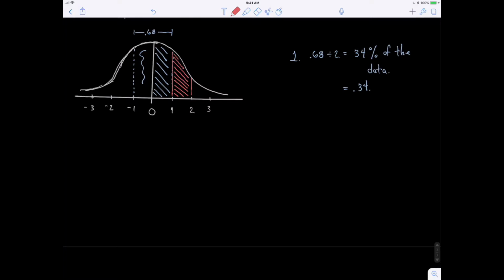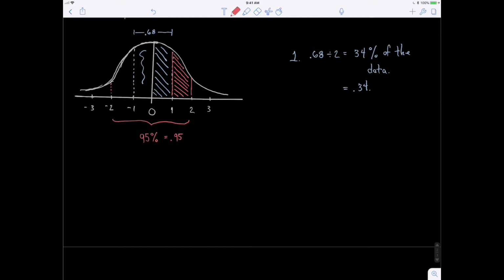If I then cut the picture in half and unshade one half, I now have shaded half of the picture. So let's use that idea of halves. If I shaded from -2 to 2, the empirical rule tells me that's 95% of the data. Or I'll just write 0.95.